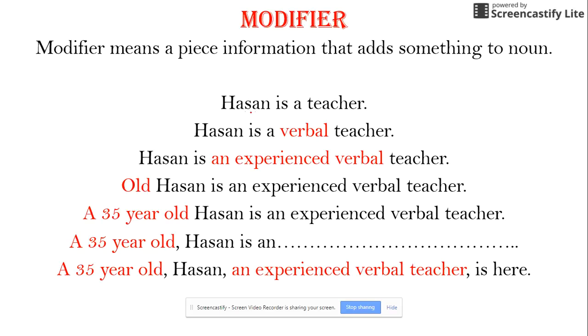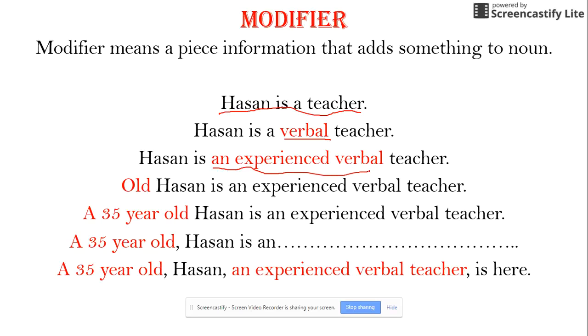So Hassan is a teacher, right? This is simple information. But when we say a verbal teacher, it means now we are adding information, that's verbal. This verbal is a modifier. Look, now we elaborate a little more. So it is now an experienced verbal teacher.